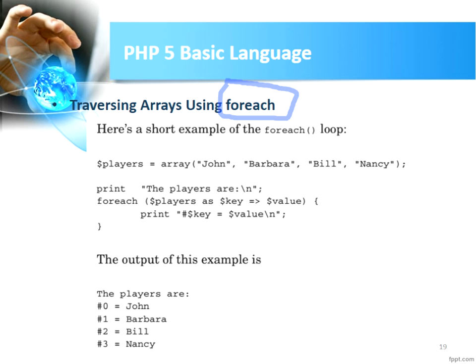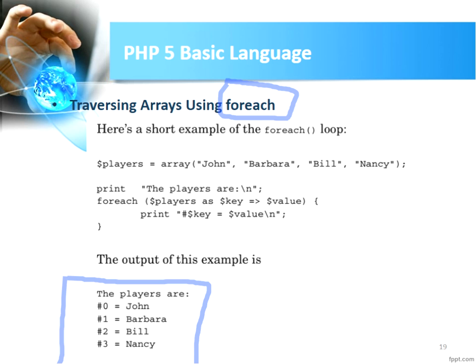To print all the players, I want to get this output: the players are, 0 equal John, 1 equal Barbara, 2 equal Bill, and 3 equal Nancy.